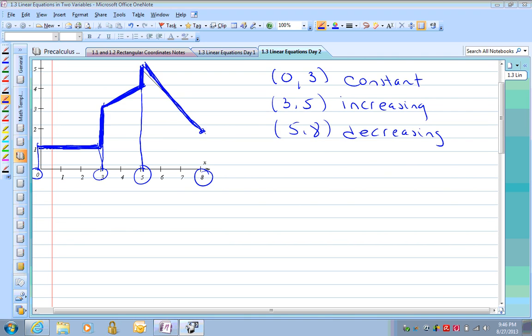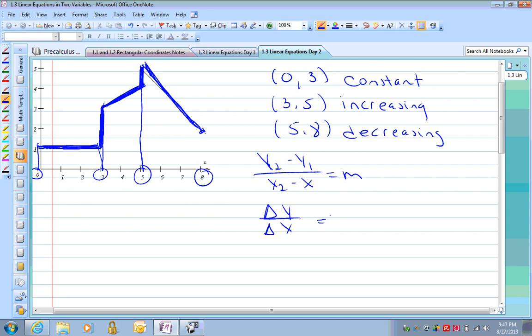The next thing I want to talk just a little bit about is slope, or we're going to now call that an average rate of change, the slope in a linear function. Remember our slope formula we talked about a little bit yesterday: it's y2 minus y1 over x2 minus x1, and that is our slope. Or we might write it as delta y over delta x, the change in y over the change in x.